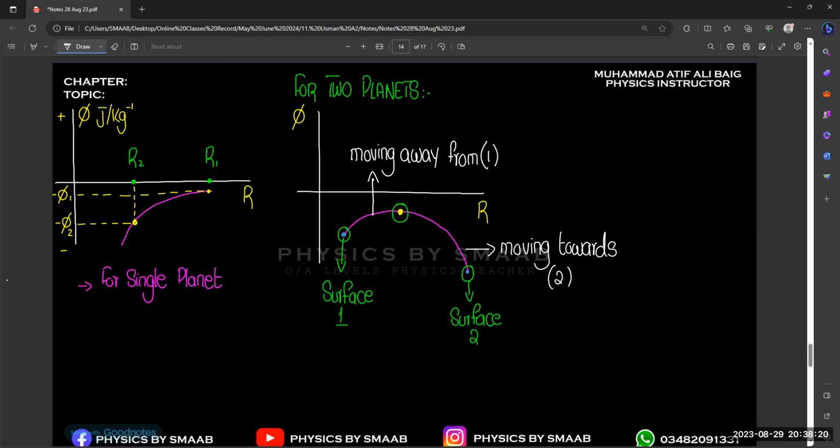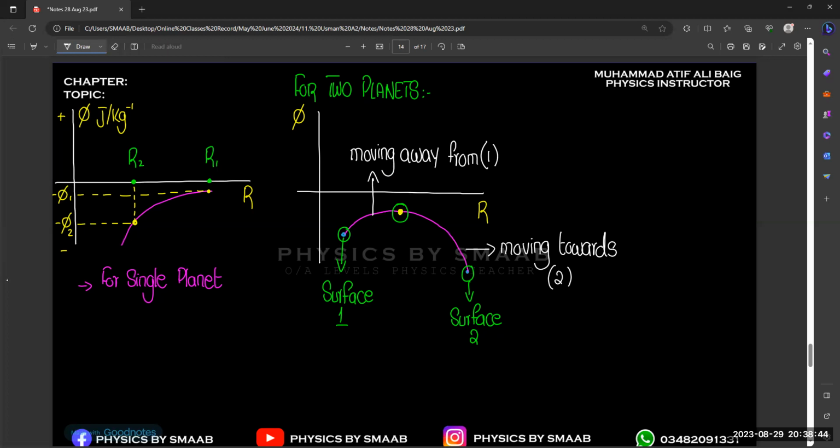Because now you are moving away from surface 1, the effect of planet 1 is decreasing, right? Now you are moving out of the range of planet number 1, and you are moving close towards surface 2, which means you are moving towards the gravitational value of surface number 2.